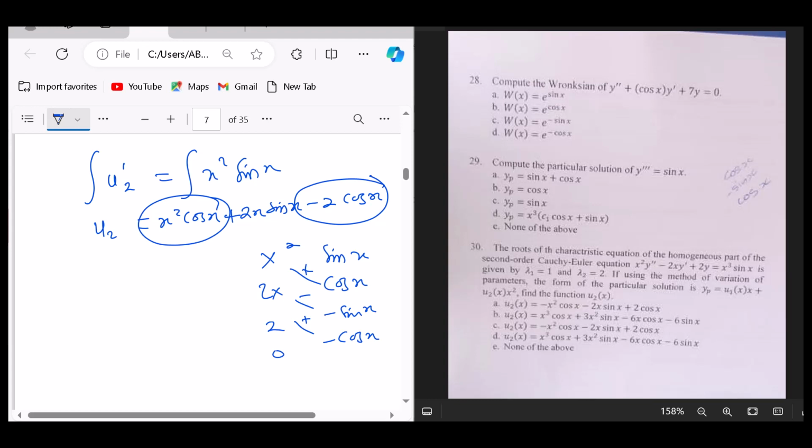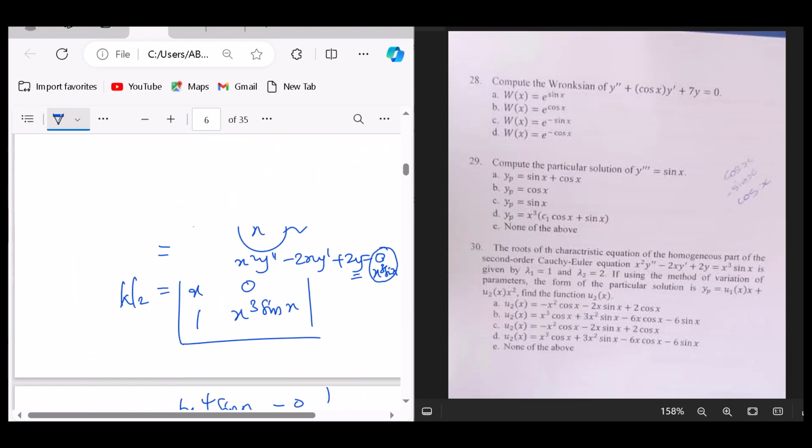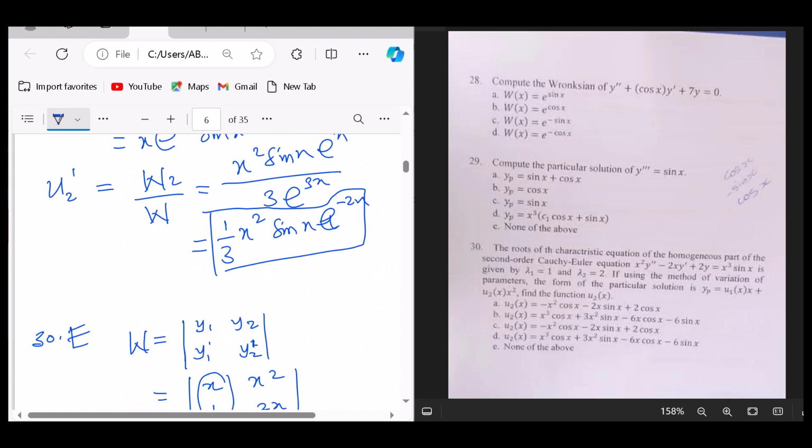Or if I multiply through by negative, it will not work either. Oh, none. The answer is actually none of them. So none of the above is the answer. So question 30 is E. If we go back to 30, that's just E.